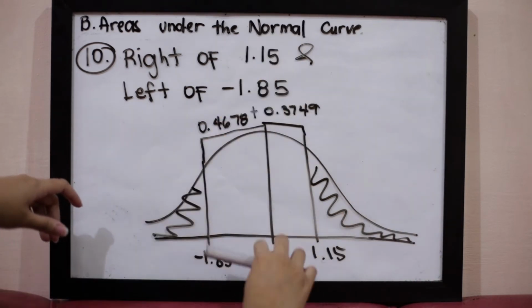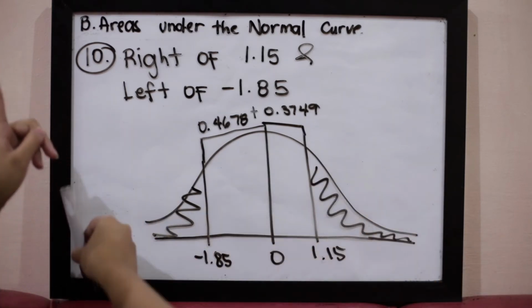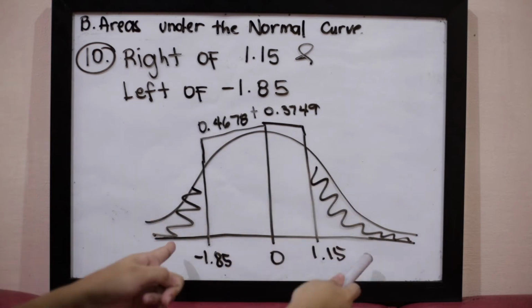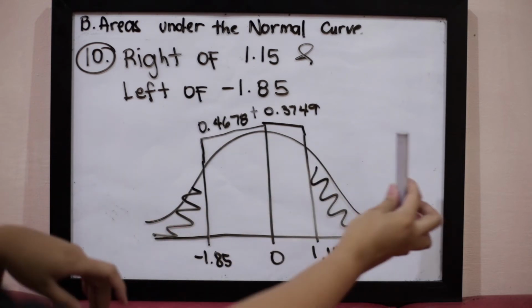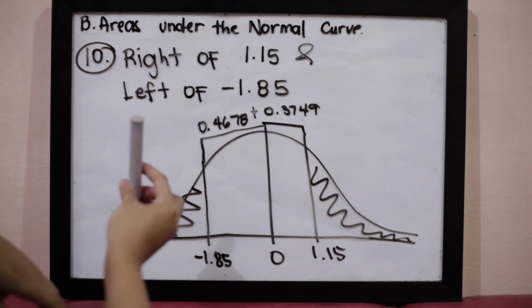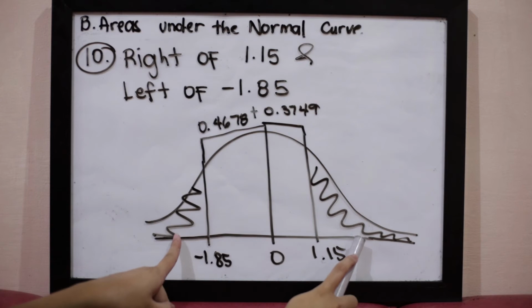So, the whole part minus the unshaded part gives us the area of the shaded part.